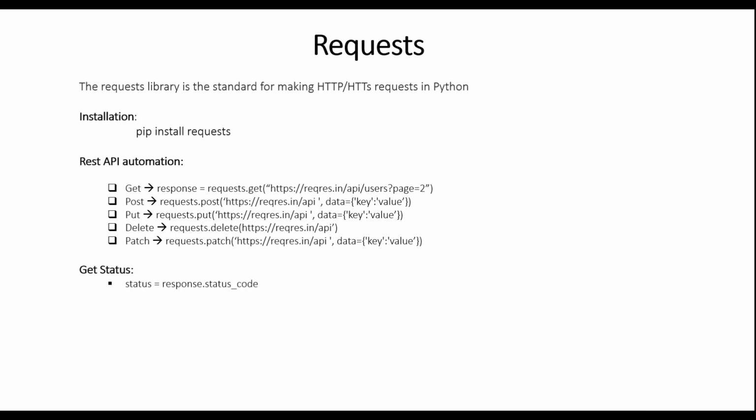To get the status, once we get the response, just call response.status_code. This returns the status code. If you want the response body, we already have the response object, just call response.content. This will give it to you in byte format. Response.text returns a string format. Suppose you are getting JSON data, here it returns a string.